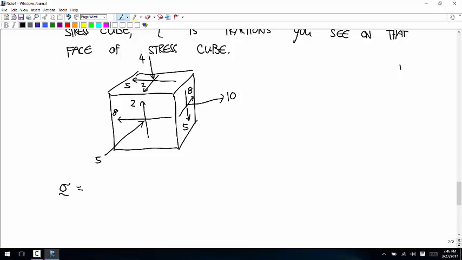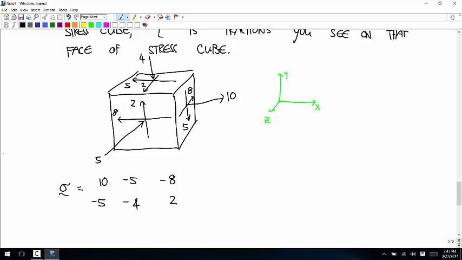The stress tensor, if we're using this coordinate system, is 10, -5, -8, and then -5, -4, 2.